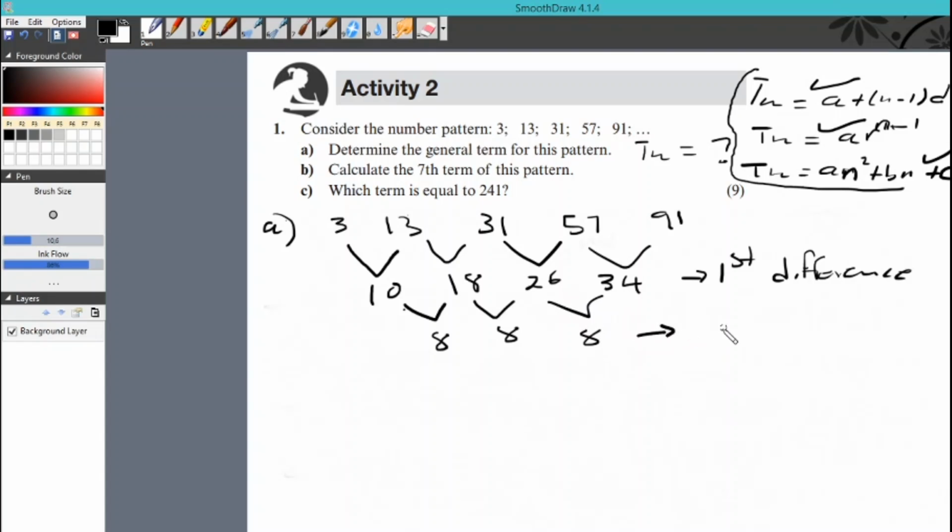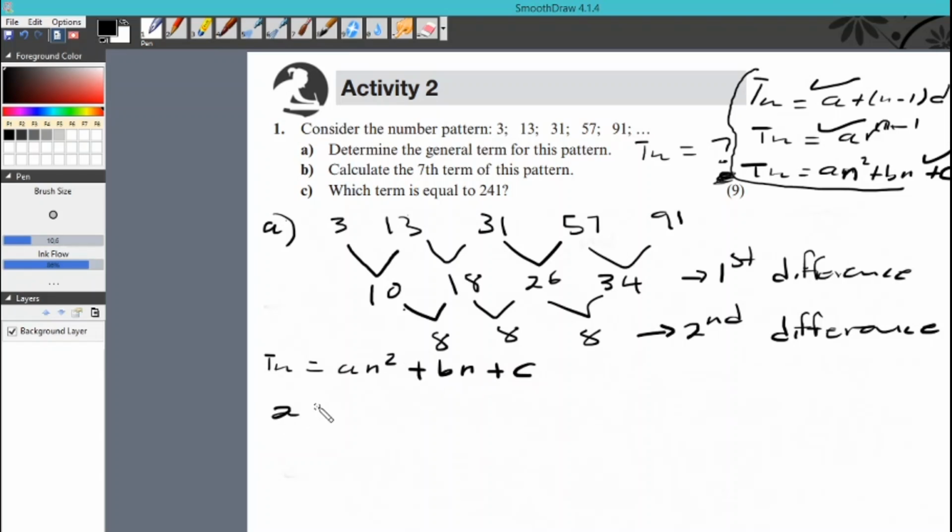So we have a constant second difference, or a common second difference. Therefore, because we have a constant second difference, we are dealing with a quadratic sequence here. This tells us our focus is on the last formula. So to find the general term formula, we use Tn is equal to an squared plus bn plus c, where 2a is equal to the second common difference.